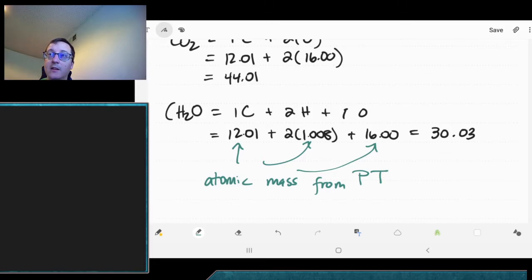It's best to just be consistent with your periodic table, because we're going to be working with it a lot. So, get familiar with it. Use whatever numbers it provides you. If yours gives you 15.999 and you want to use that for oxygen, go ahead. You're going to get relatively the same answers, so I'm not going to really judge you on that. So use whichever periodic table you like. So, cool.